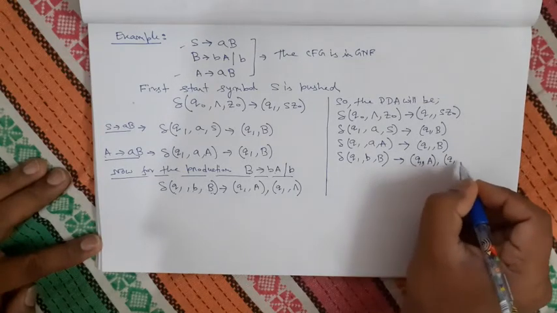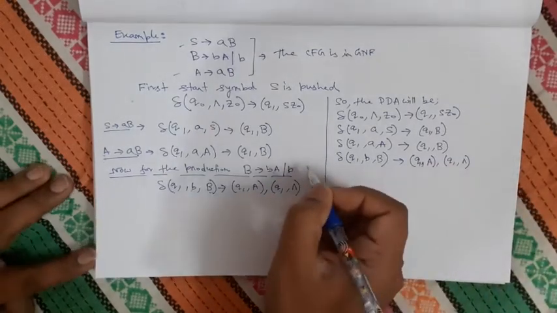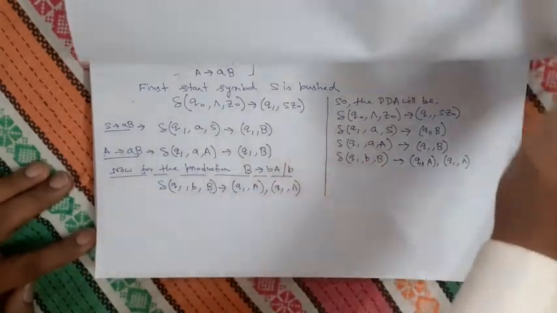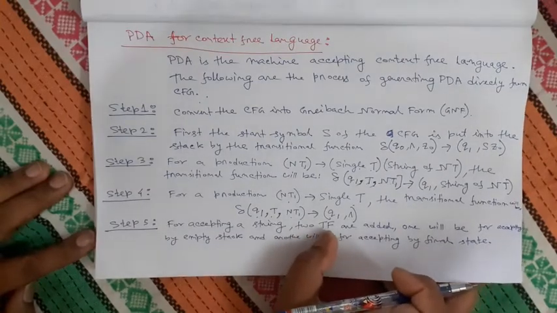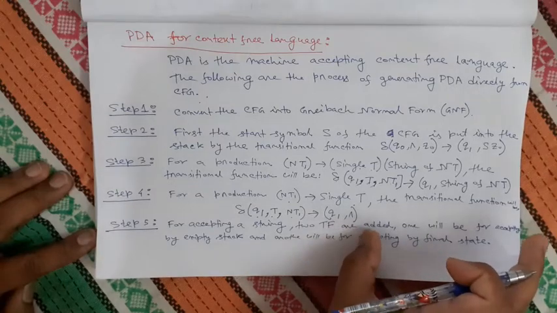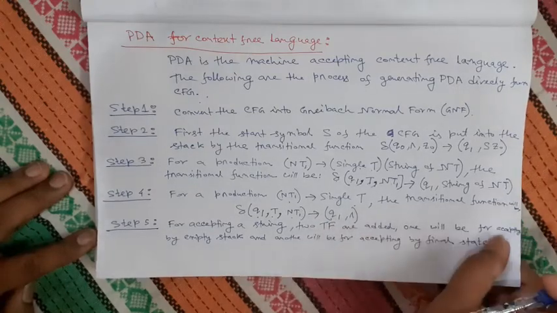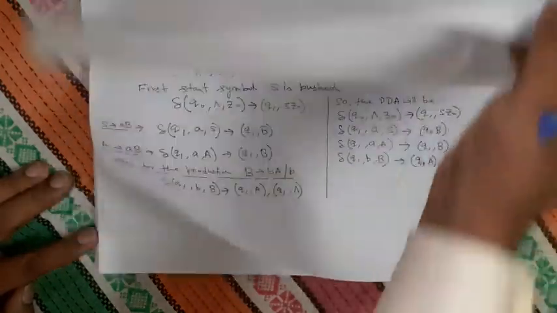and q1 comma null. And now we have to add this step 5. What does it mention? We have to add two functions, one for accepting by empty stack, another one for accepting by final state.